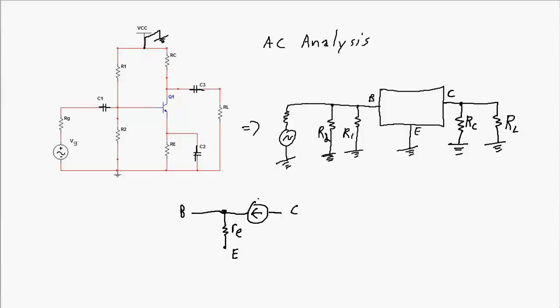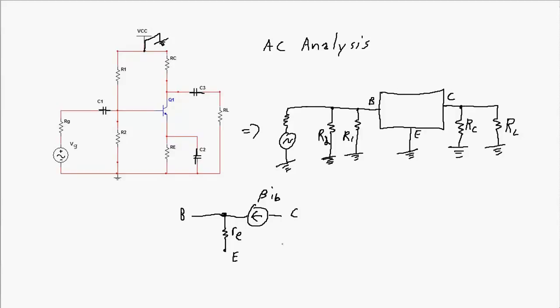And that current source is equal to beta times little IB. So depending on the base current, depending on the beta, this current source is going to create that amount of current. And that little RE value is equal to 26 millivolts divided by the value of the emitter current, the DC value of the emitter current.